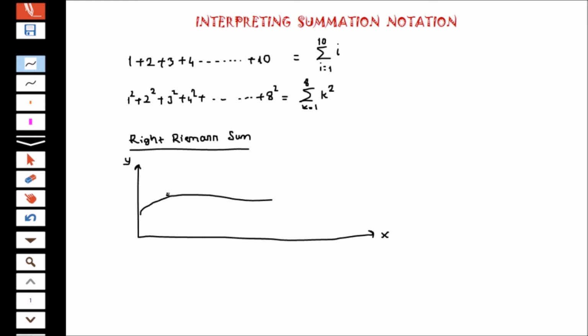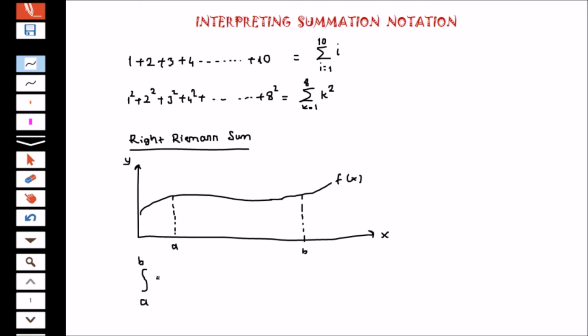This is f of x. And I would like to calculate the area between a and b. And this graph is parabolic and we don't know the exact equation of f of x, so we can't calculate the exact value now, but we can calculate the approximation using the right Riemann sum.